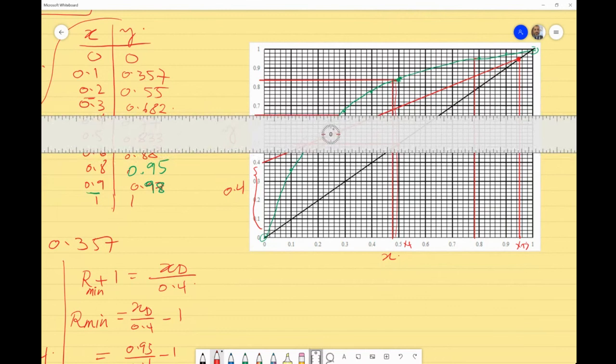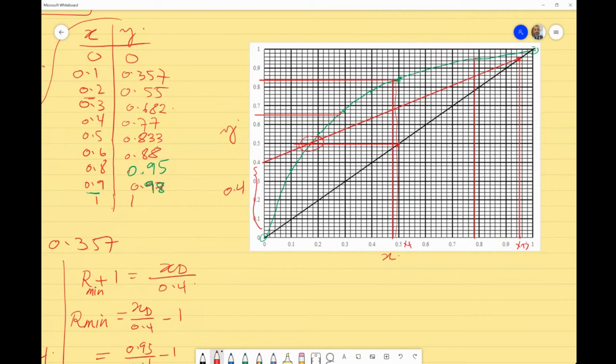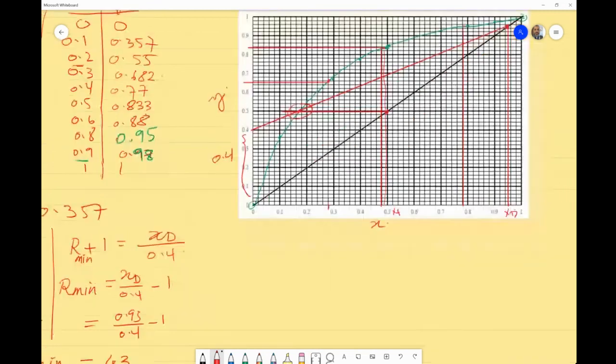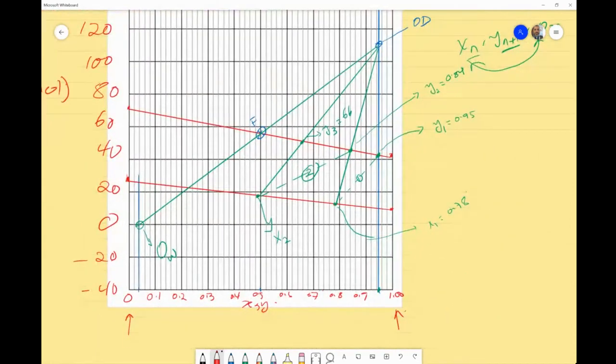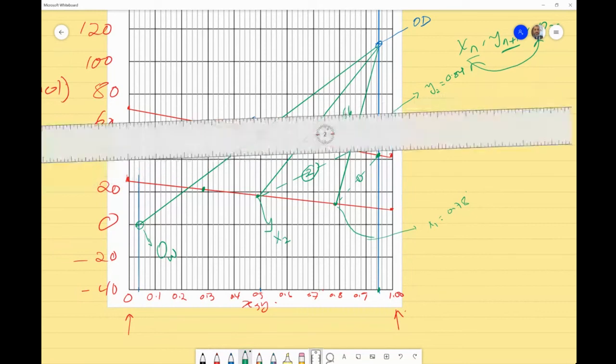Sorry about this one. So yes, it's going to be somewhere here, and this one is going to represent 0.28. So I go back to 0.28 here. Okay. 0.28 is going to be somewhere here. Okay, this is my second point. So I connect these two lines.